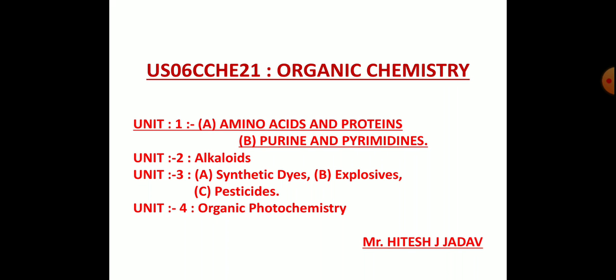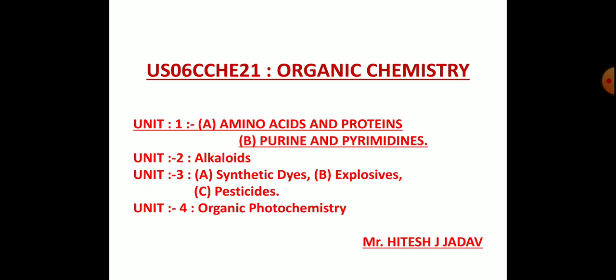Now US 06 CCH21, that is organic chemistry. Unit 1 is amino acids and proteins, and purines and pyrimidines. Unit 1 is divided into 2 parts. Part A is amino acids and proteins. Part B is purines and pyrimidines. Unit 2 is alkaloids.